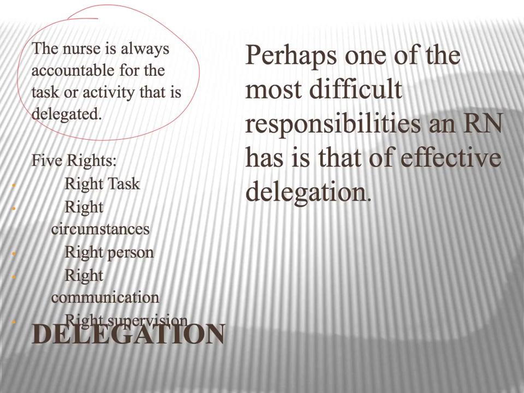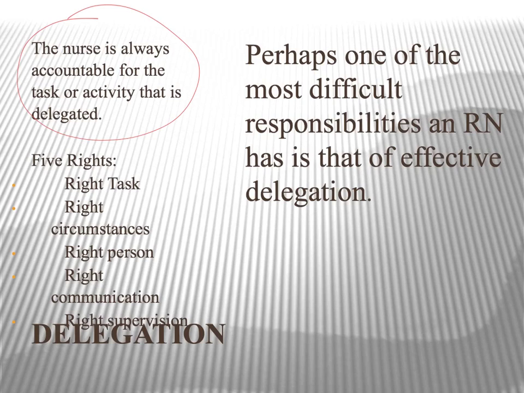So the key concepts are, if you delegate, and we absolutely can, and we have to delegate so that we can get everything done for our patient, we have to make sure that we're delegating to a competent person. Before we delegate the task of obtaining a blood pressure, we need to make sure that the unlicensed professional is adequately trained and is competent in doing that.